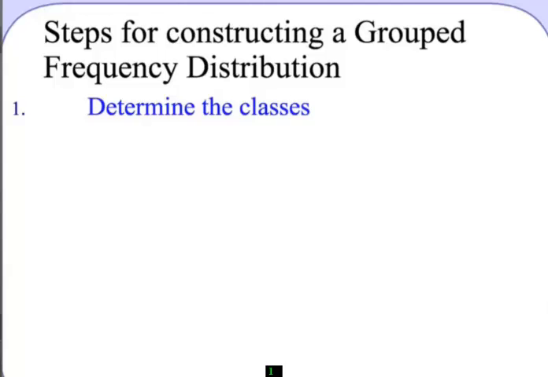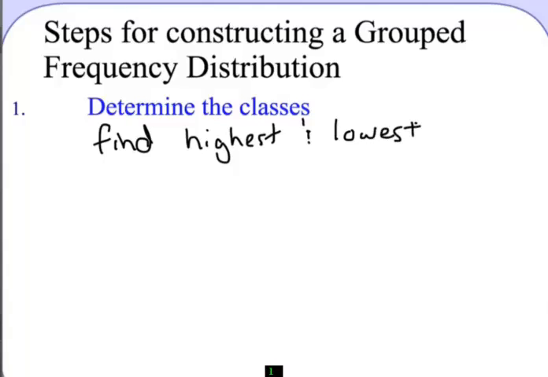Okay, steps for constructing a grouped frequency distribution. The first step is to determine the number of classes. When I determine the number of classes, the first thing I want to do is find the highest and the lowest values, whatever they are in my data set.